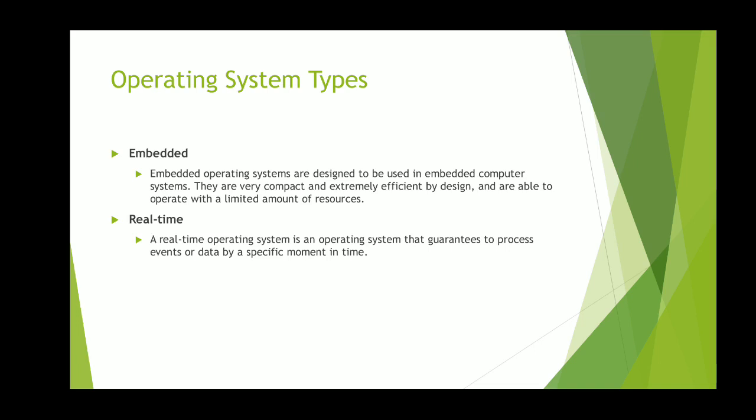So here we use an embedded operating system, which is specifically designed for this, so it can manage these very limited resources very efficiently. Embedded operating systems are designed to be used in embedded computer systems and are very compact and extremely efficient by design, and are able to operate with a limited amount of resources.